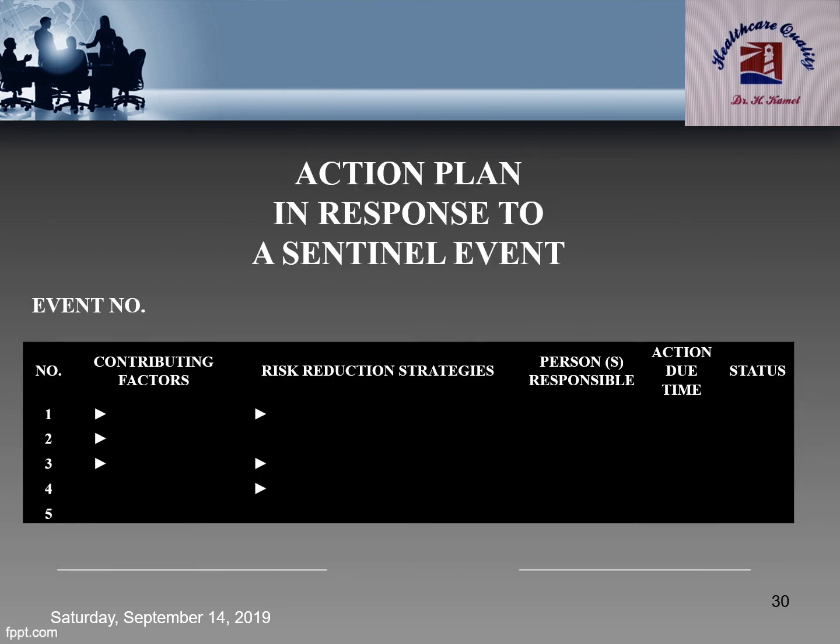This is an example of the action plan form used, where the contributing factors are written sequentially on the left, and in front of each we write the risk reduction strategy, persons responsible, action due time, and status that shows if that action was accomplished or not.